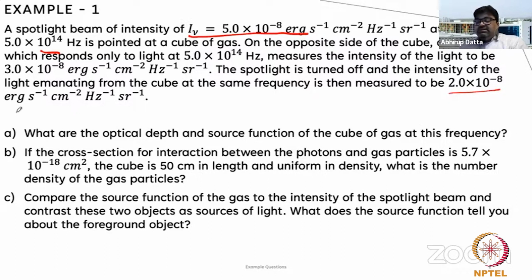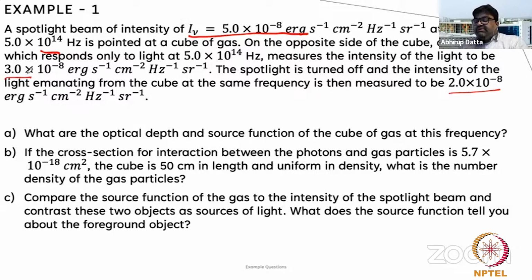Okay, so there is a spotlight beam of intensity I_ν given over here, at a frequency of 5 × 10¹⁴ hertz, pointed at a cube of gas. On the opposite side of the cube, a detector which responds only to the same frequency measures the intensity of the light as 3.